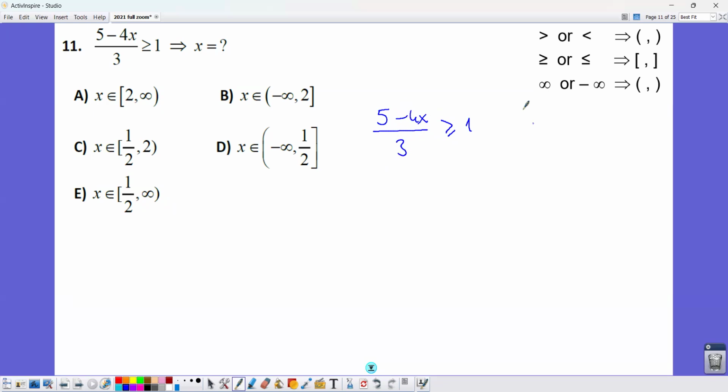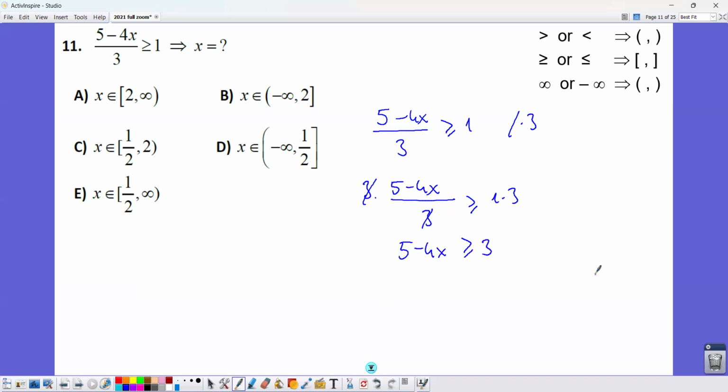Because this is over 3, the opposite operation of division is multiplication, so I will multiply by 3. It will become 3 times 5 minus 4x over 3 greater than or equal to 1 times 3. Now this 3 and this 3 will cancel each other. So we have 5 minus 4x greater than or equal to 3.